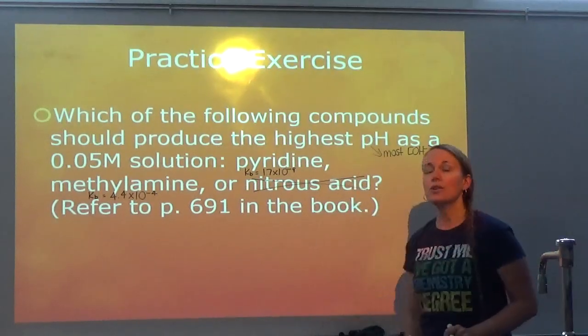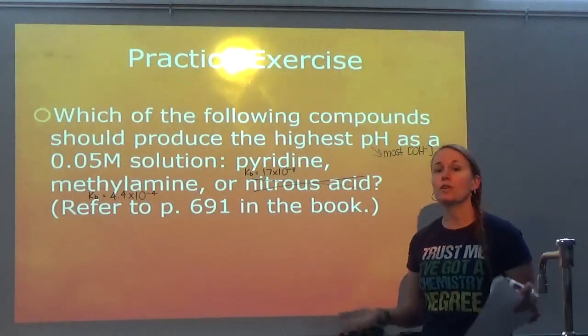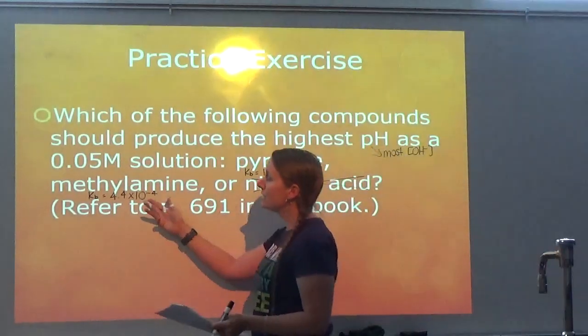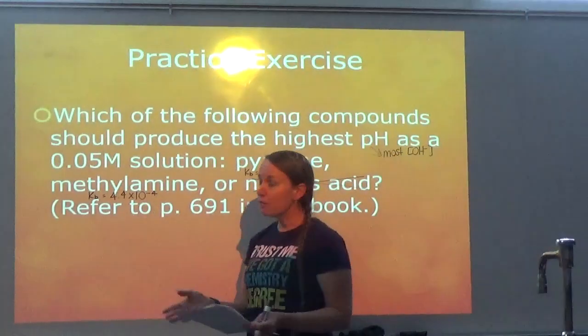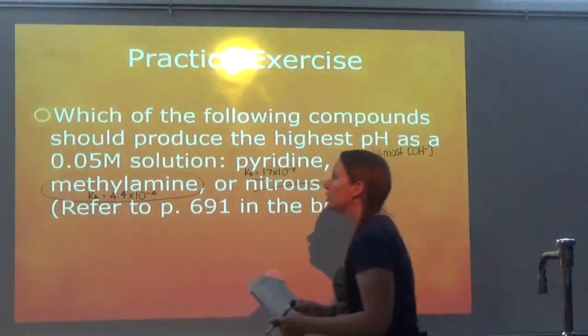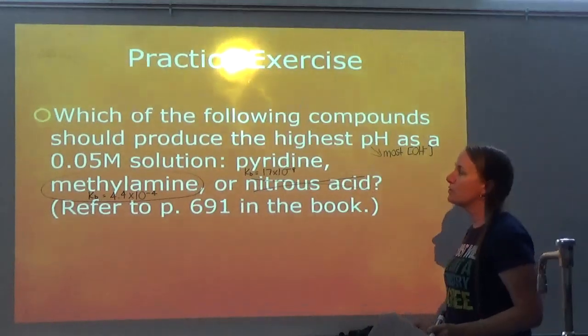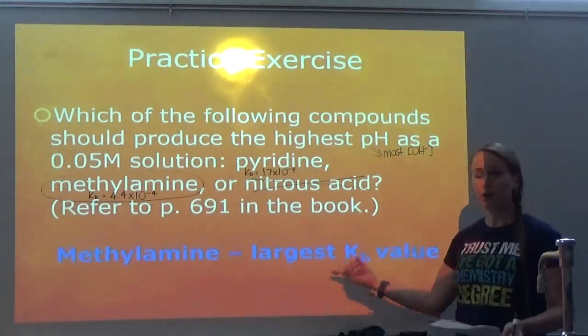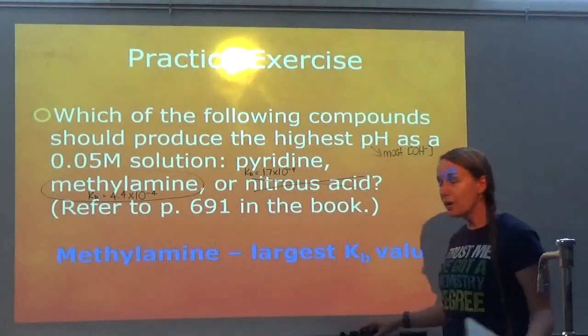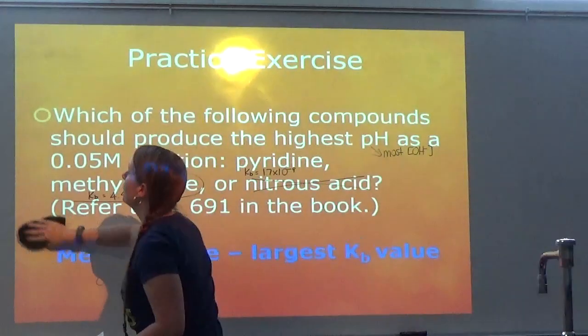Well, the larger the Kb value, the stronger the base. So which one's bigger, 10 to the negative 9 or 10 to the negative 4? 10 to the negative 4 is bigger, so that means my methylamine is the strongest base and will produce the most OH minus. Because it has the largest Kb value, that means it favors making products, which for bases include OH minus.